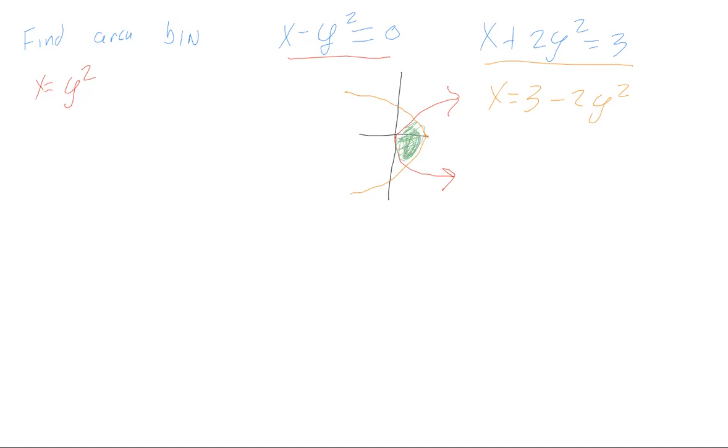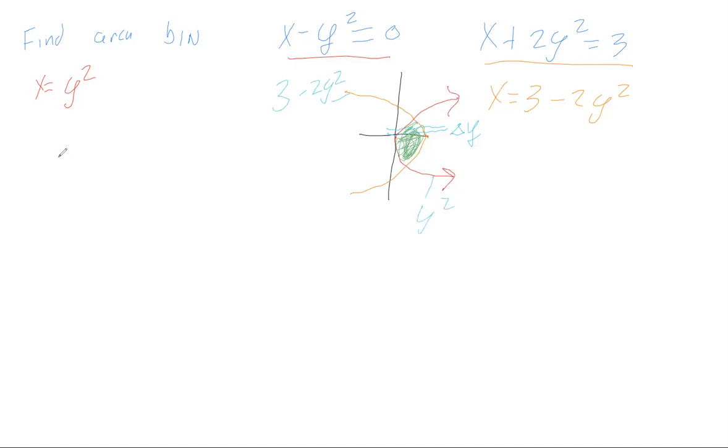If you think about it in terms of little approximating rectangles, which I really think is beneficial, we're going to be slicing it like this. That's a little delta y. Because when we do this in terms of x, we're doing top to bottom, but here we're doing right to left. So we want this function, 3 minus 2y squared, which is the right function, and this bottom function, y squared.